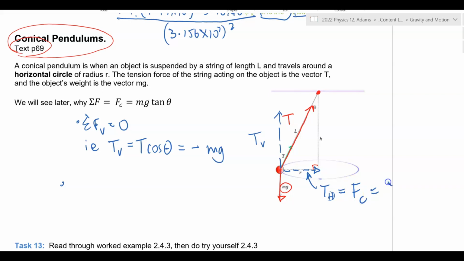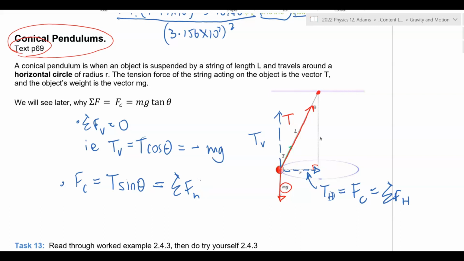That's our net force in the horizontal direction. So our centripetal force is going to be, oops, not mg, T, not T cos theta, but T sine theta. That's what supplies your centripetal. That is our net force in the horizontal direction.